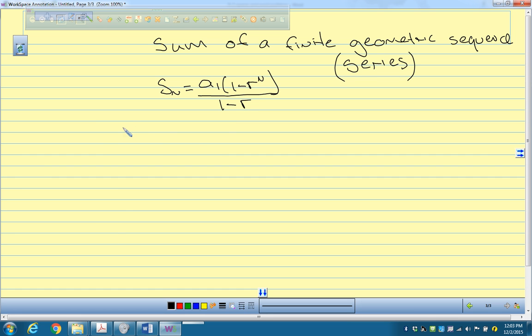They say evaluate, and here it'd probably be better to know how to do this with the formula than with a calculator. N equals 1 to 5, of 2 times 0.1 raised to the n minus 1, okay?